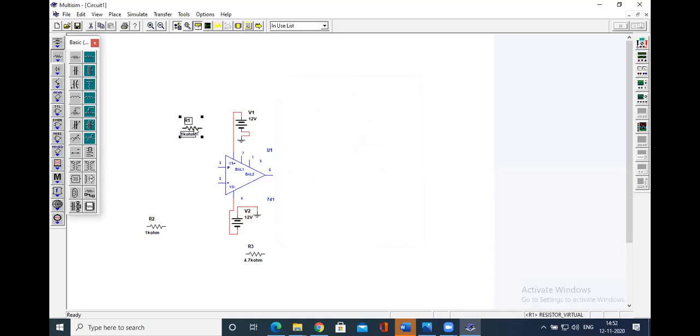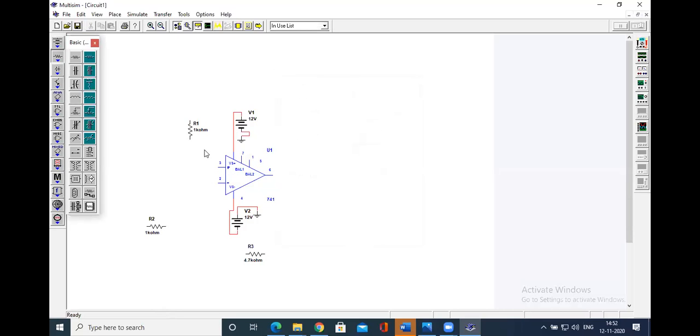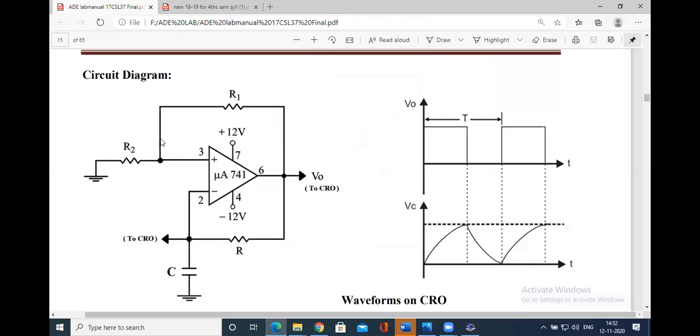Now in between 3 and 6, you can do a vertical flip or horizontal flip, or rotate clockwise, and connect it, right? Pin number 3 to 6 has been connected with 1 kilo ohm, clear?